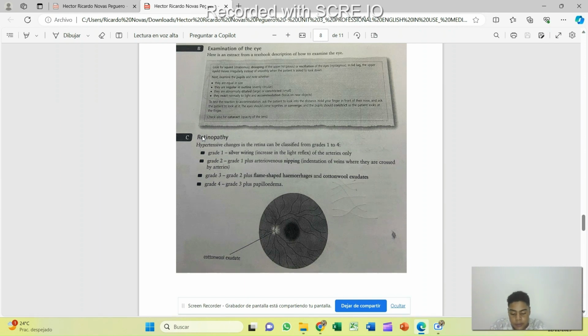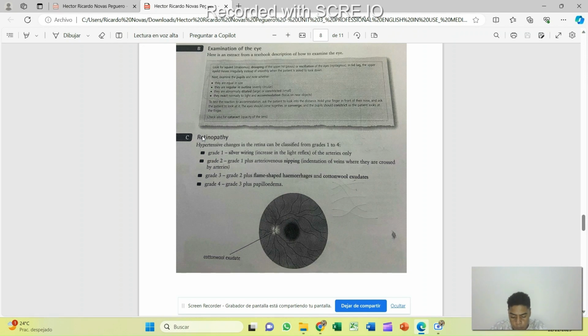Grade 1: silver wiring, increase in light reflex of the arteries only.